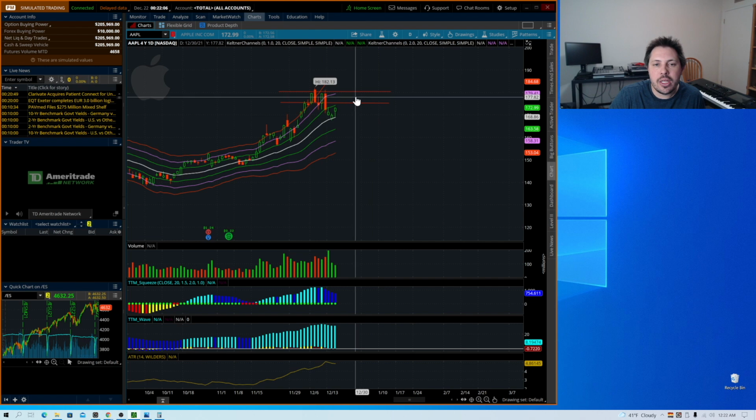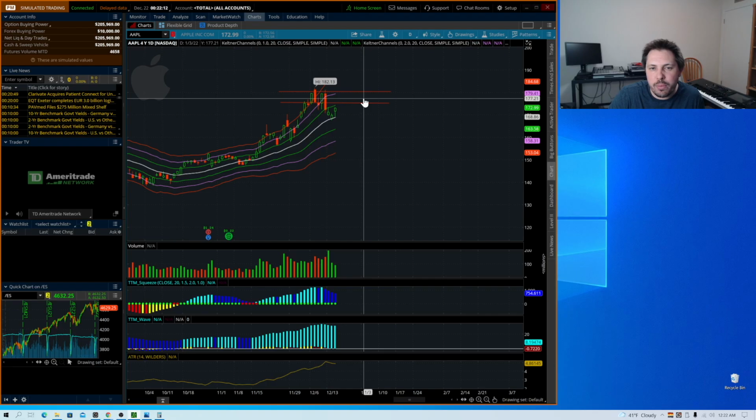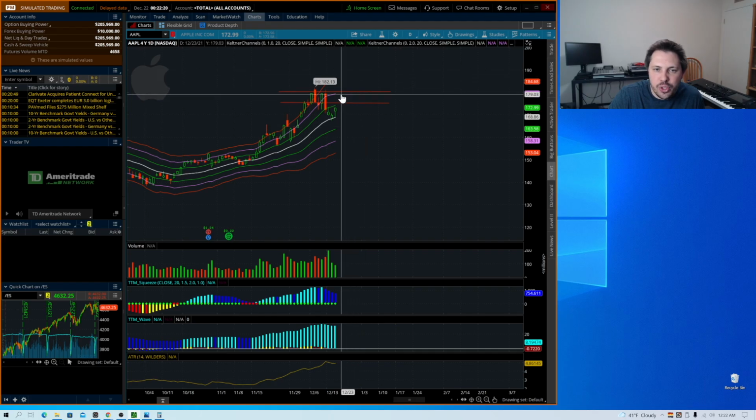The other scenario where you would get quite lucky is if you're assigned on those short puts, right? So you're long the stock, and instead of it turning around and losing value, now Apple starts to rally and you're long those shares and you end up making money from the assignment, right?